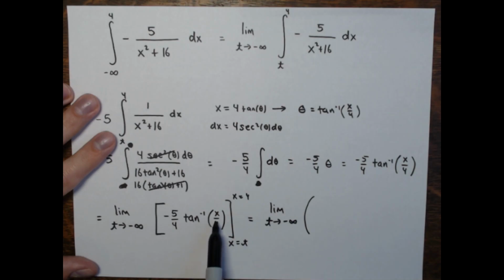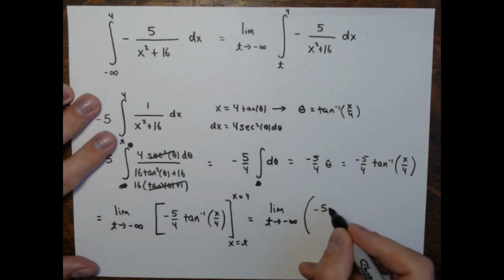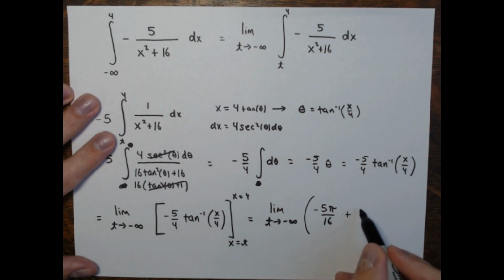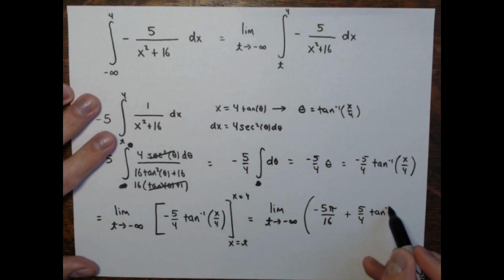Inverse tangent of 1 would be pi over 4. So this would be -5 pi over 16, because you have -5/4 times pi over 4 when I plug in 4 here. And then minus, and then -5/4, so plus 5/4 times the inverse tangent of t over 4. We'll talk about that now.